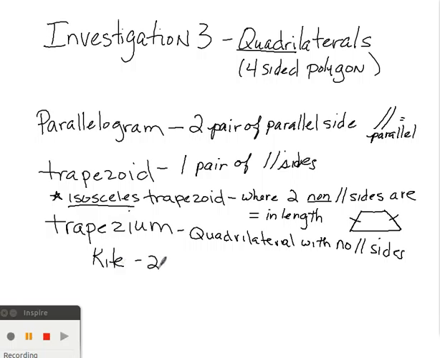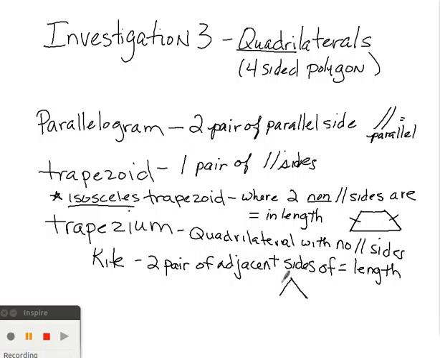It has two pair of adjacent sides of equal length. And you know what a kite looks like. So those two sides are equal, and then those two sides are equal. So that would be your definition of a kite.